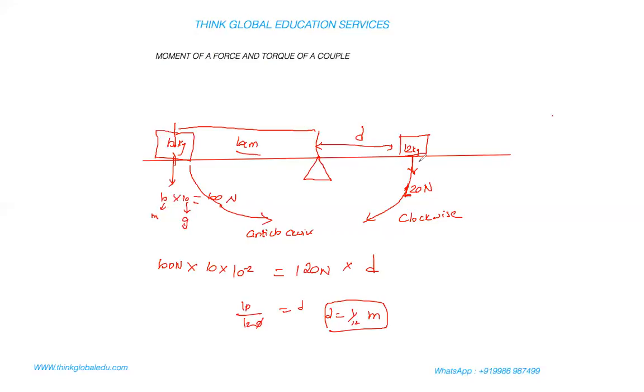Now in case I have the distance somewhere, let's say the same problem, I'm going to remove this weight. I do not know the weight, I want to calculate the weight, and if I gave you the distance here as, let us say, 20 centimeters, then I can find out the force which will be required to make the system come to rest.